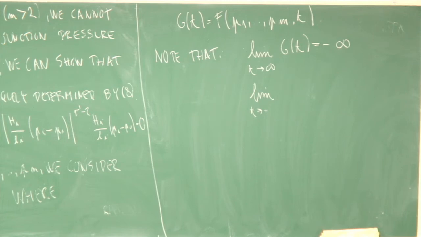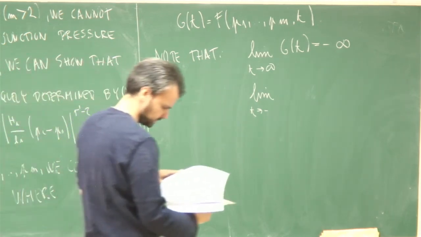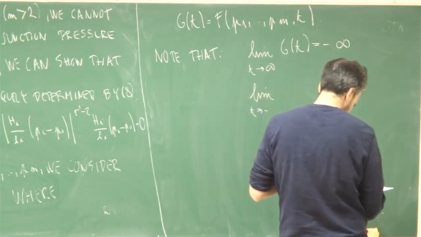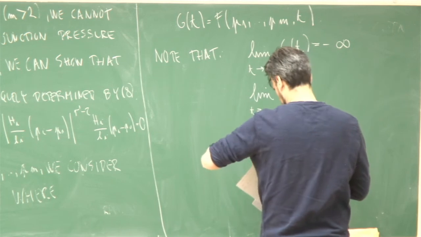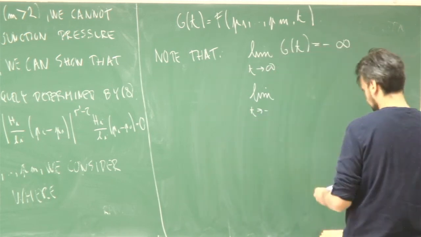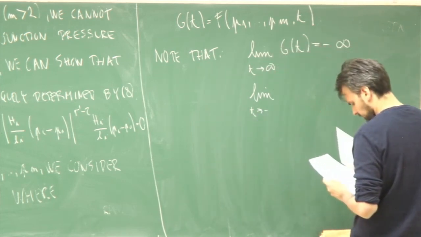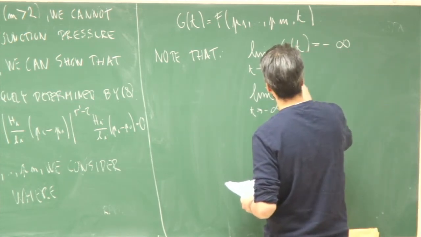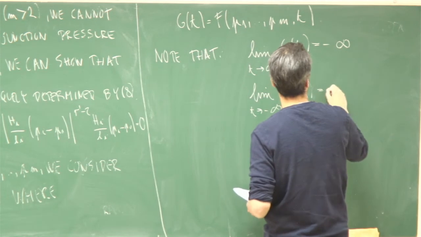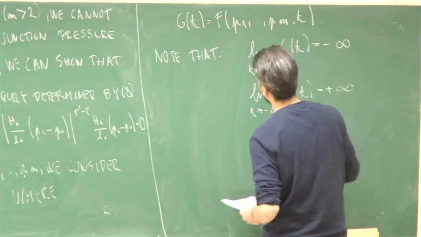I think the first goes to infinity and the second to minus. Okay, just to be sure: when t goes to minus infinity, g of t is plus infinity.